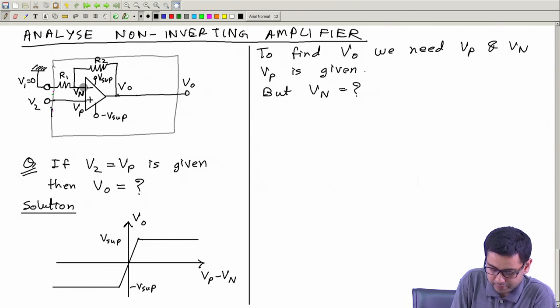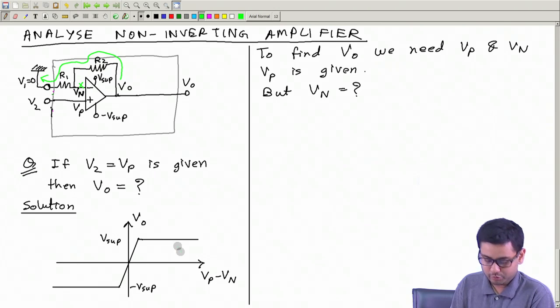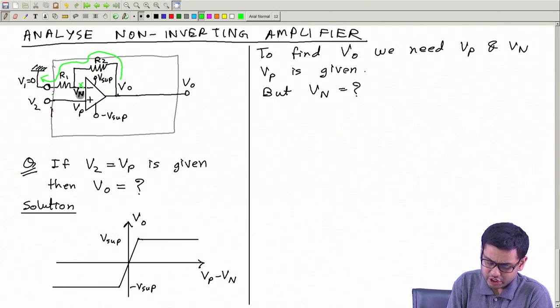No current can bypass through this terminal. So the current can only flow like this. Nothing can go in this branch. Okay, I put a cross sign. So therefore Vn can be found out using potential divider rule.